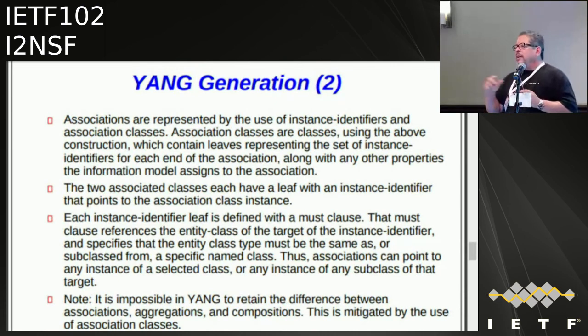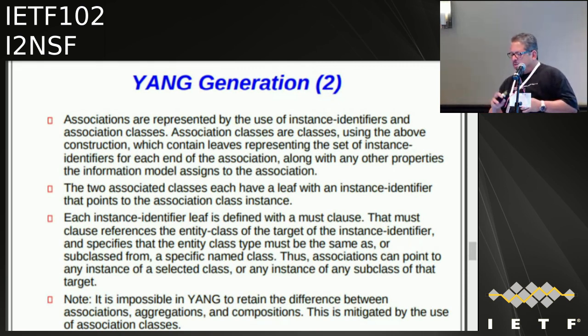We use instance identifiers for each end of the association and the association class. And then we have instance identifiers that basically point from the source to the association class, and from the association class to the destination. It's very simple to implement as a software pattern, and it will make your life easier.